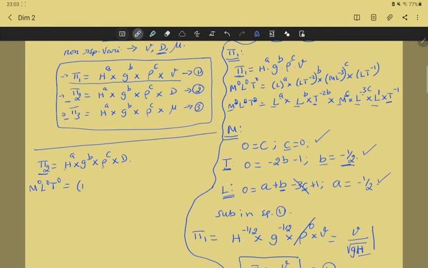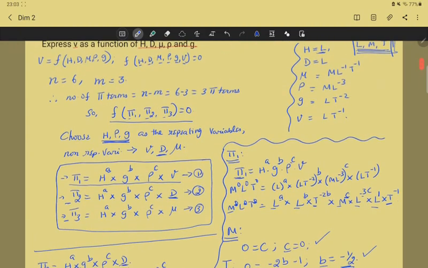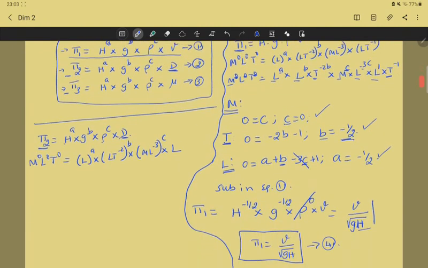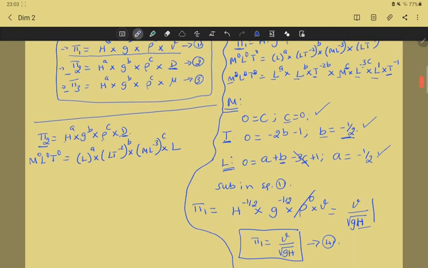The dimension for h is L power a, g is LT power minus 2 power b, rho is ML power minus 3 power c, and the dimension of d is L. Now I'm just expanding the equation.